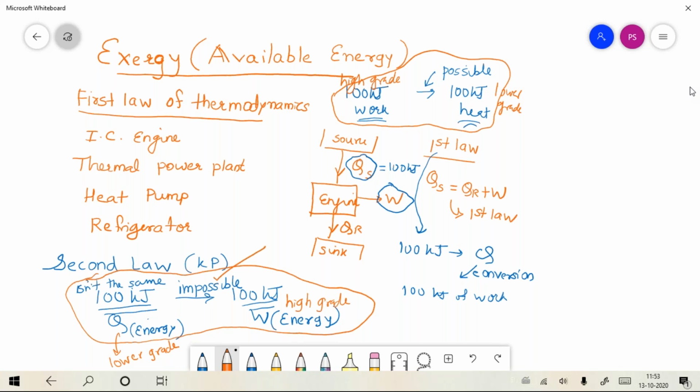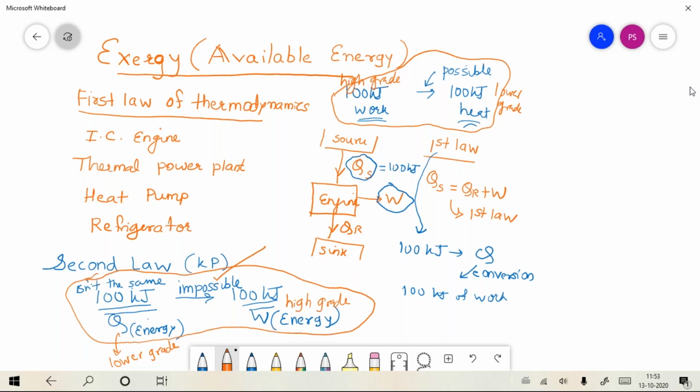I hope that is clear to you. Is this clear up to this point, that exergy or available energy is basically talking about the quality of energy? Yeah, thank you, Gargi.